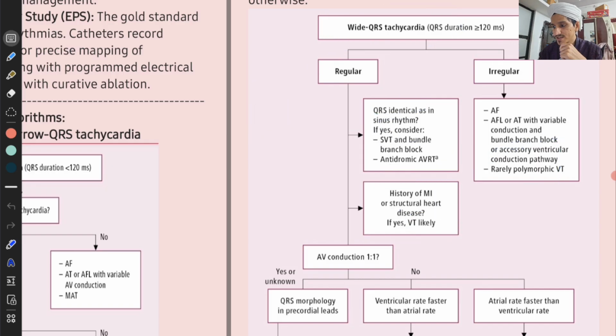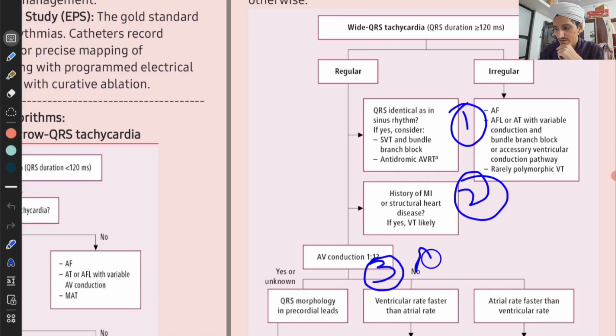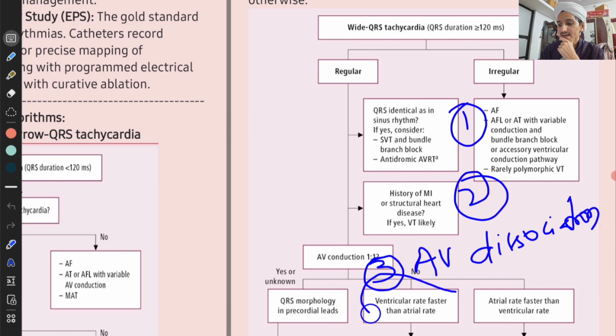So those are 2 points you are asking. The third point is whether there is AV dissociation. If there is AV dissociation, the ventricular rate will be faster than the atrial rate, and then it is VT.